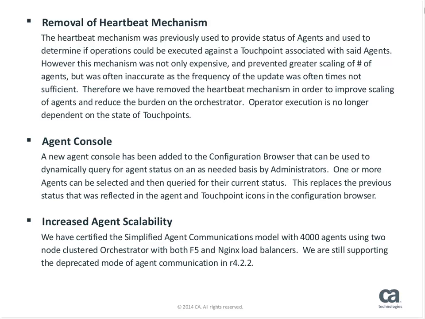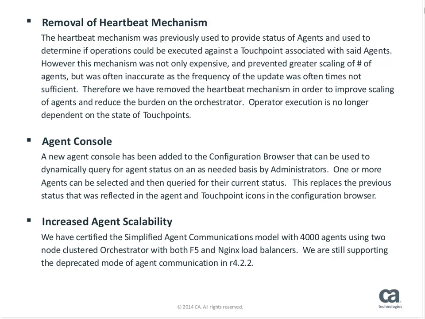Any touch points associated with those agents would have their state updated to reflect the status of the agents. When you went to perform an operator, if the touch point was green according to those statuses, it could execute. If it wasn't, it wouldn't even try to execute.